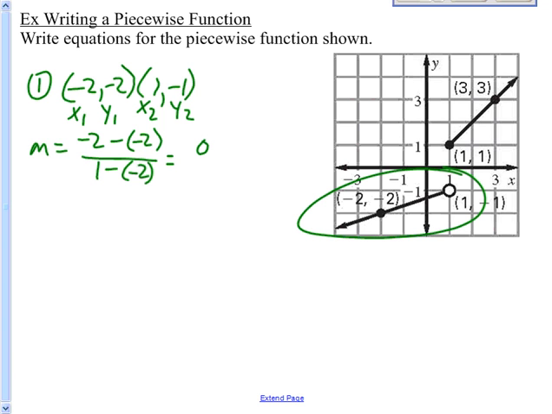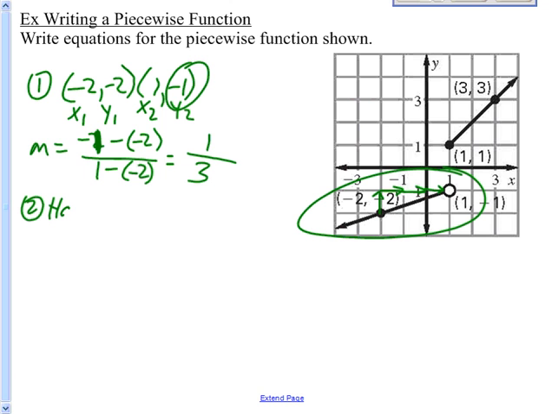I'm sorry, y2 is -1. So -1 plus 2 is 1, over 1 plus 2, which is 3. And you could also go up 1, right 3, correct? So you have a slope of 1/3 on this thing.